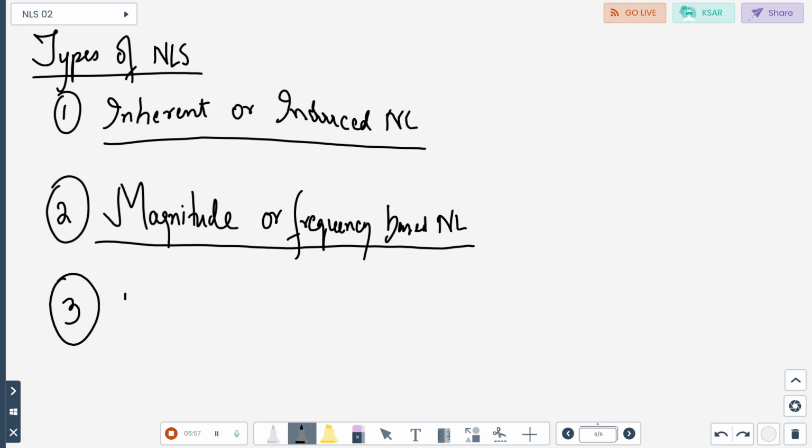The third and one of the most important classifications of nonlinear systems is hard and soft nonlinearities.